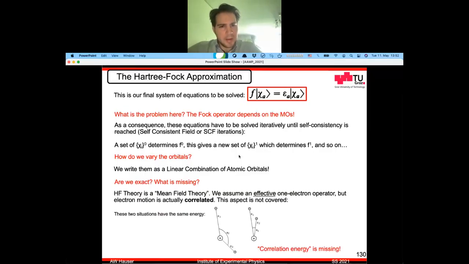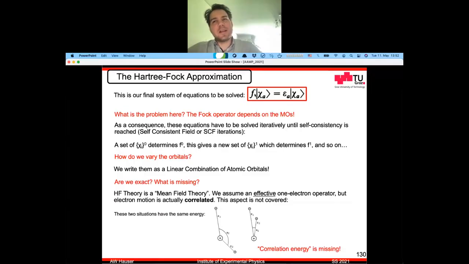But there is also an intrinsic error to Hartree-Fock, and this is my last thing I'm going to show you here. Hartree-Fock is a mean field theory. And so what we obtain here when you look at the structure of this set of equations is the following. We look for the solution for a single electron in orbital A with a Fock operator, which is an effective one electron operator. So what does it mean, effective one electron operator?